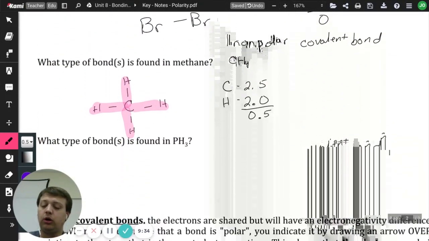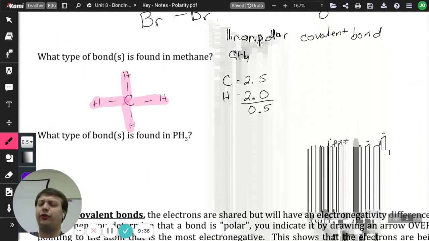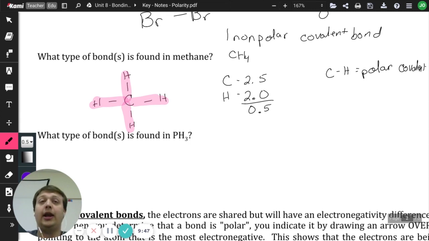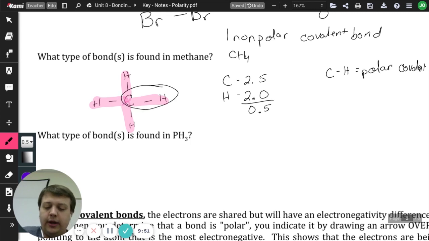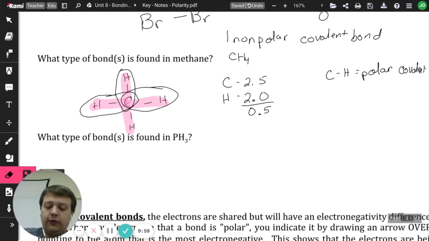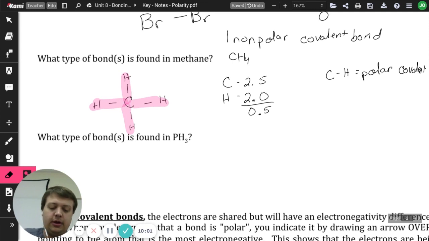So I know that the carbon to hydrogen bond is polar covalent. And how many of those do I have? Well, I have 1, 2, 3, and 4. So I have a total of 4 polar covalent bonds there.